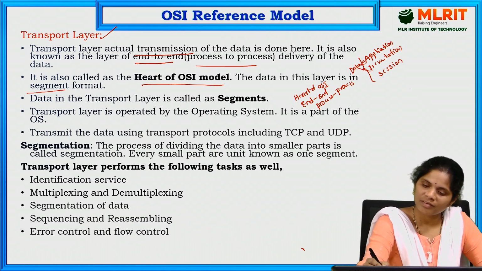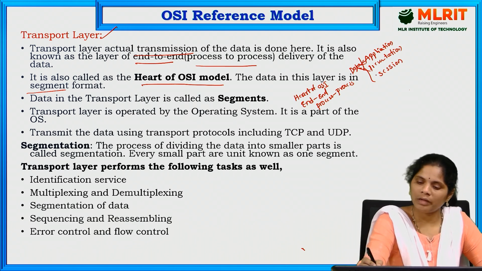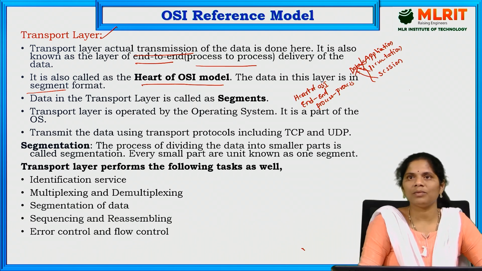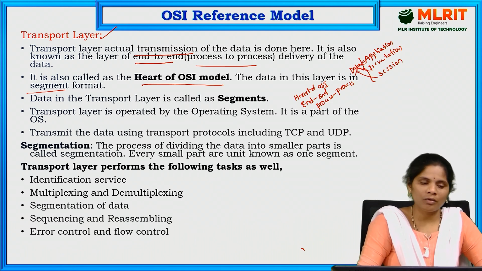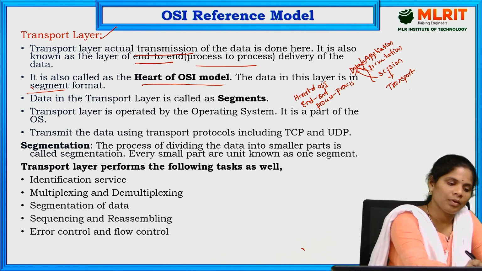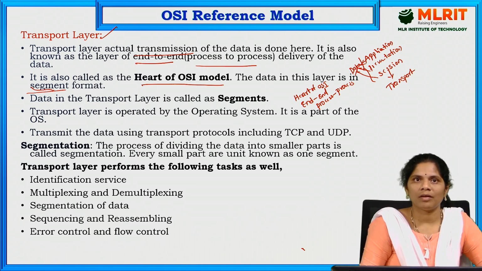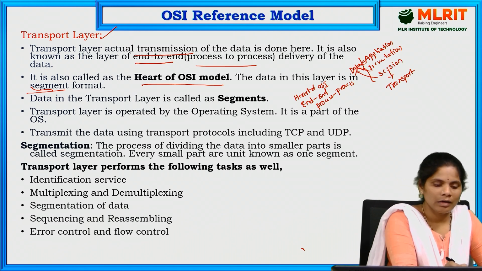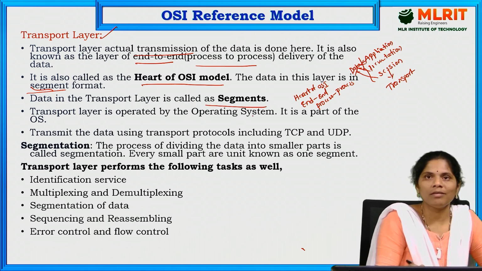In the application layer, the data name is data. In the presentation layer also, it is data. In the session layer also, it is data. While coming to the transport layer, whatever data comes from the session layer to the transport layer is called segments. In the transport layer, the data is called segments.